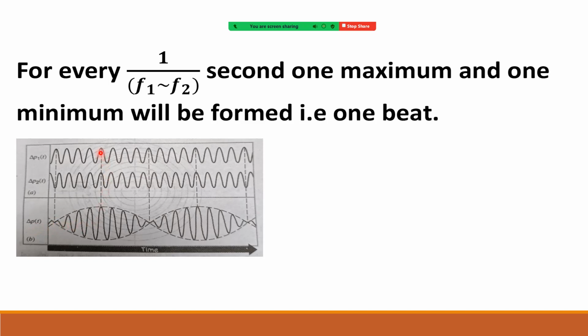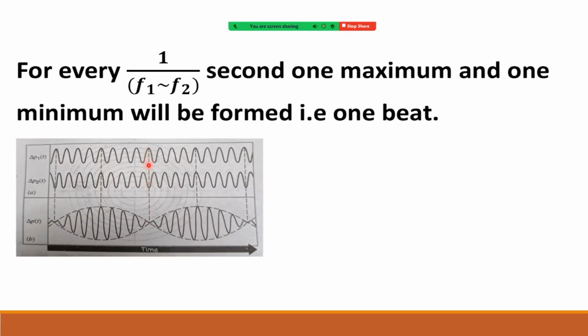Now see here, compression falling on compression. Delta P is maximum, and delta P maximum means intensity maximum. One minimum and one maximum is one beat. And you can see once again here, minimum: compression falling on rarefaction.